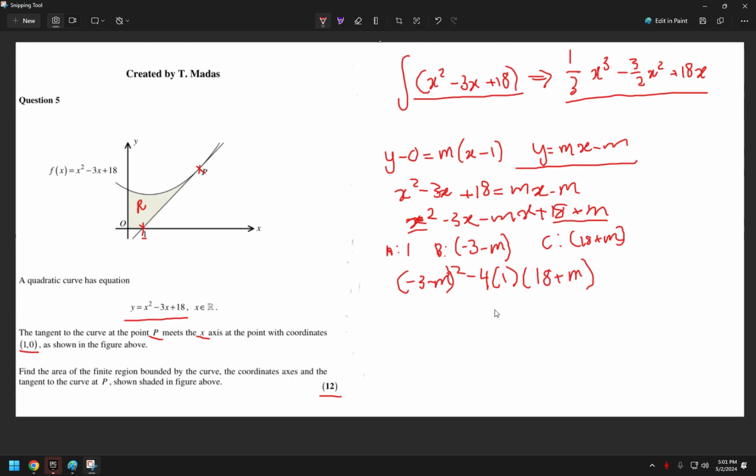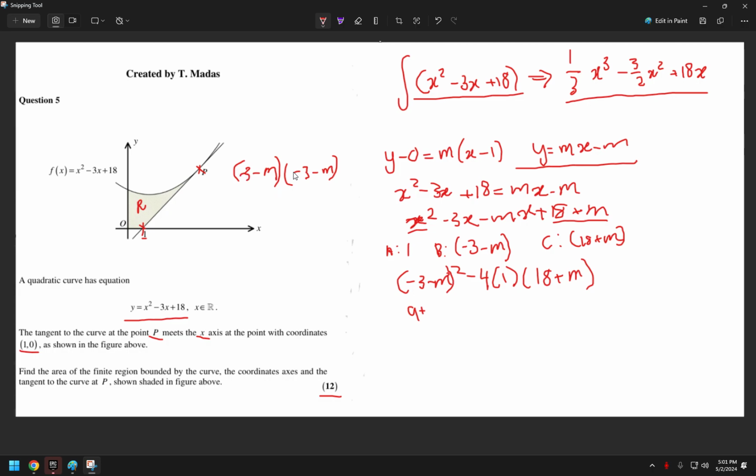Now if I were to solve this, everything would be positive here, as we have minus 3 minus m times minus 3 minus m. All the negatives would cancel out, therefore the final expression would be positive.